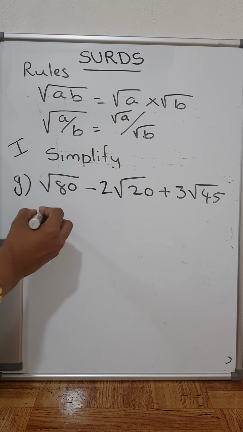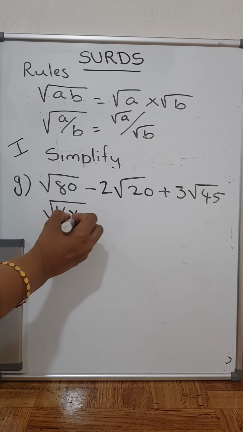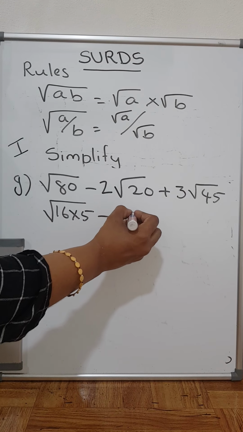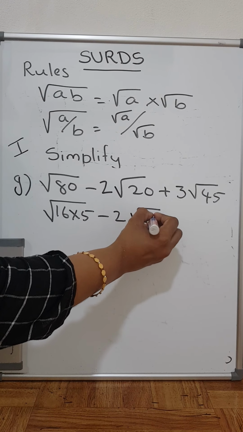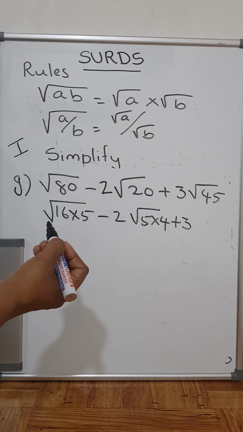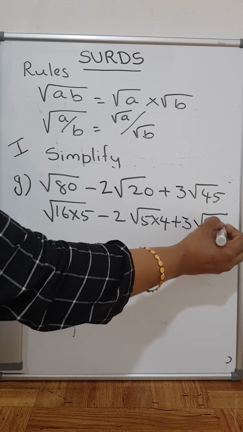Root 80 we can write as 16 times 5. Minus 2 times root 20 can be written as 5 times 4. Plus 3 times root 45 can be written as 9 times 5.